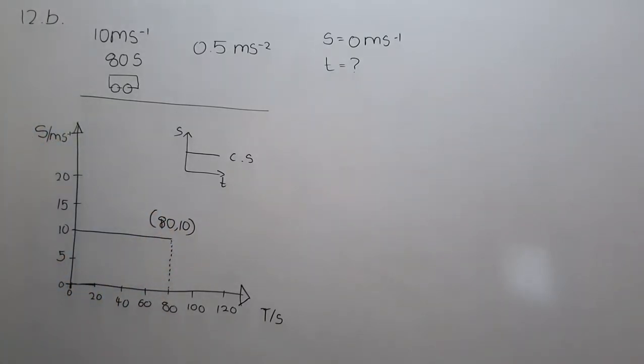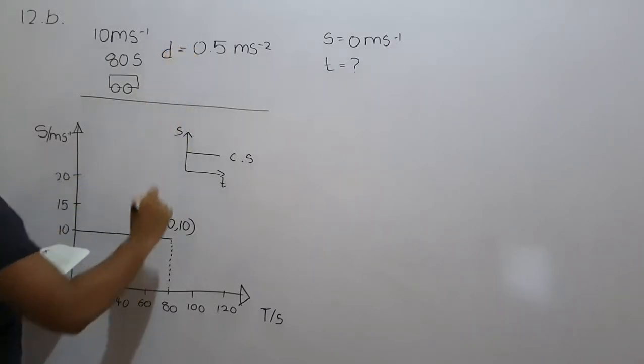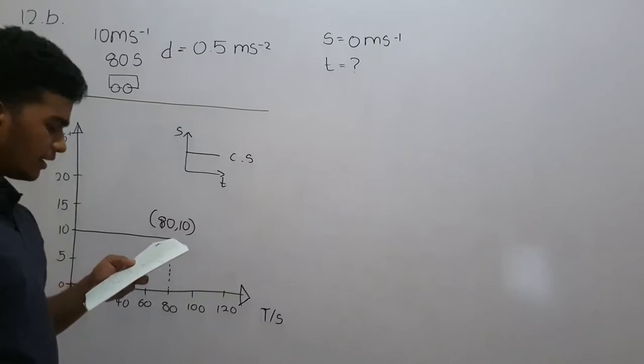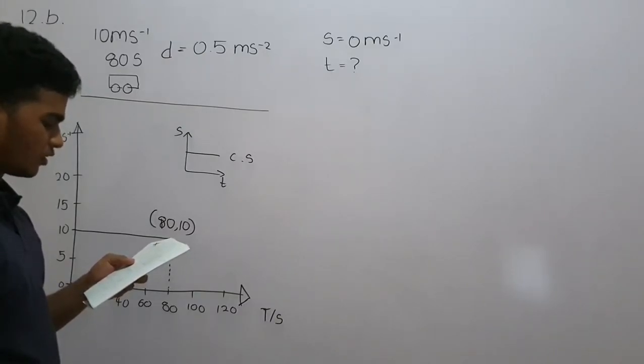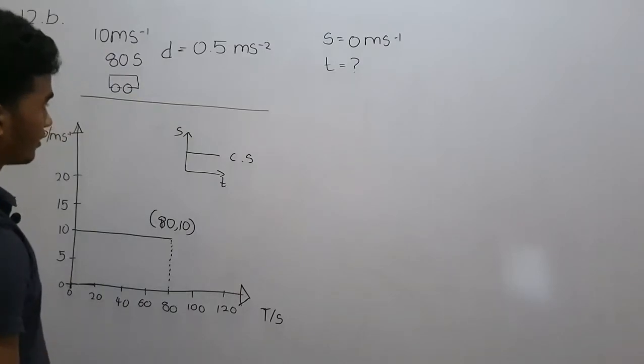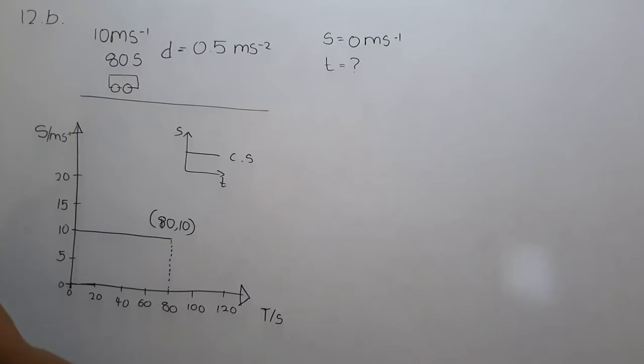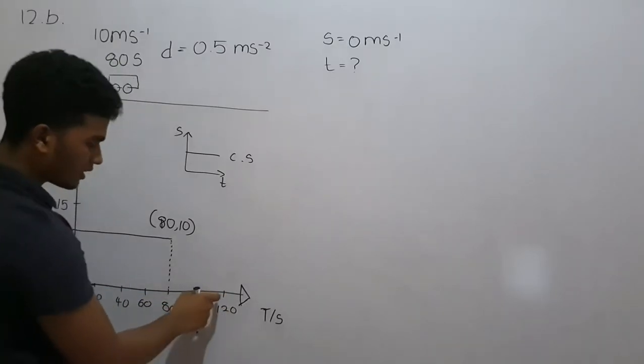Then the next is this deceleration. It decelerates at a constant rate of 0.5. So next we should find the deceleration. After decelerating, the speed is 0 because the car comes to rest. Now we know the speed is 0, but we don't know the time.